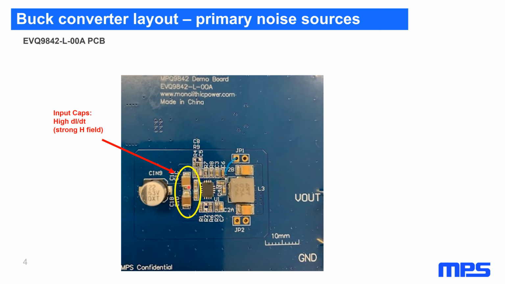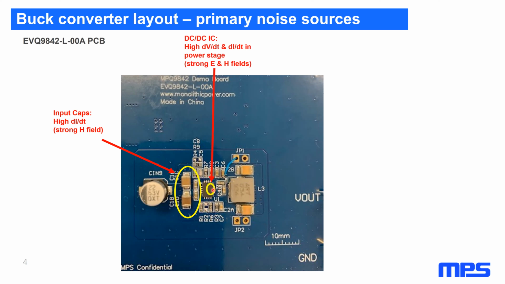We can locate the input caps here as shown, circled, and these we know will be our high di/dt caps. And we should expect that we're going to be able to measure a very strong H field off of these. If we have near field probes and we probe around the board, this is one of the areas where we'll pick up strong H fields.